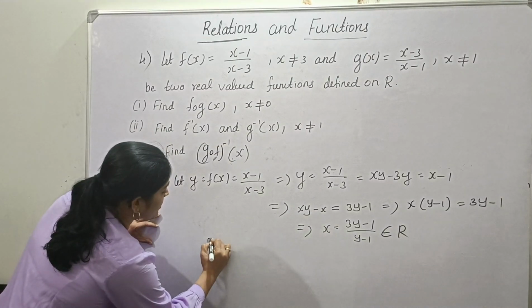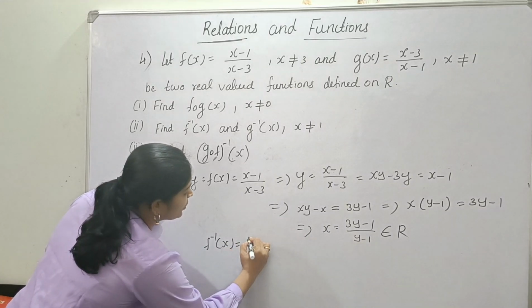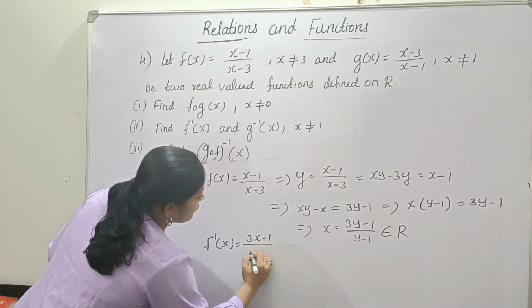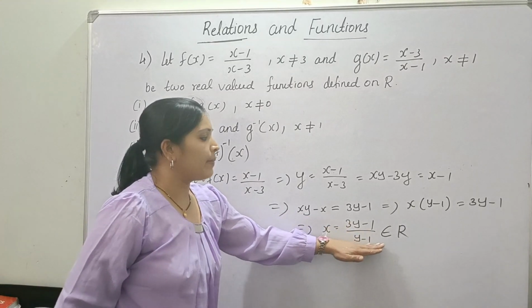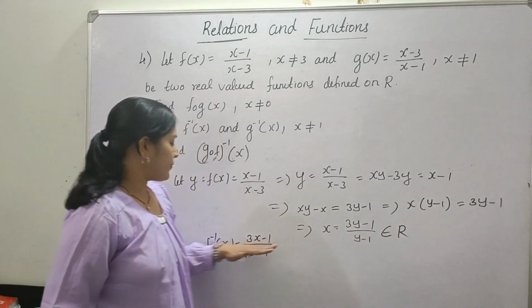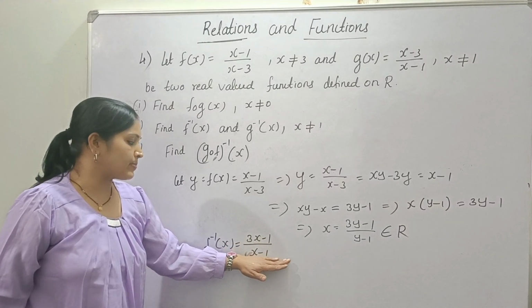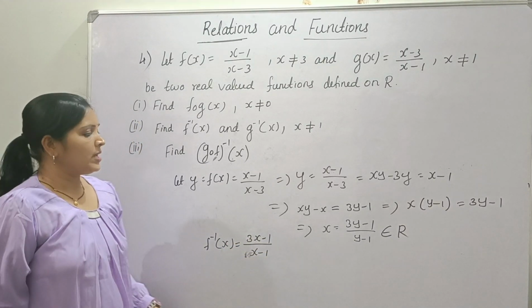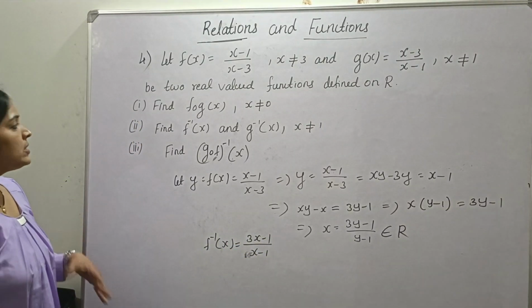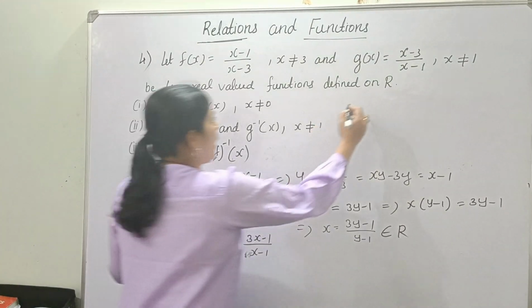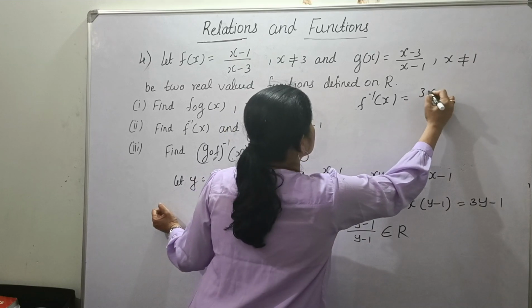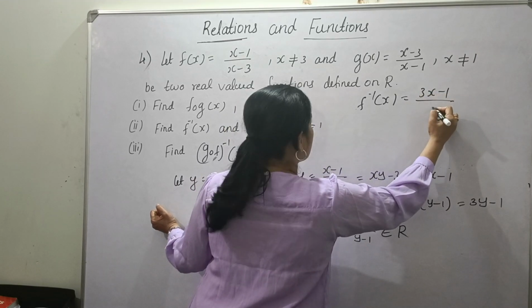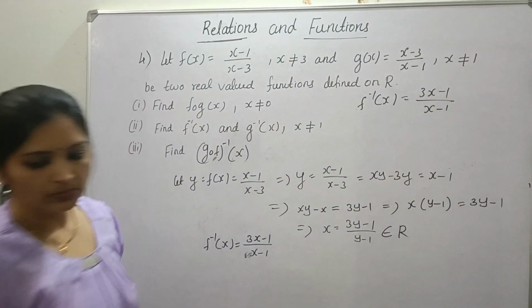Therefore, we can write f inverse of x is equal to 3x minus 1 divided by x minus 1, because this element belongs to R. Therefore, f inverse of x is equal to 3x minus 1 by x minus 1.